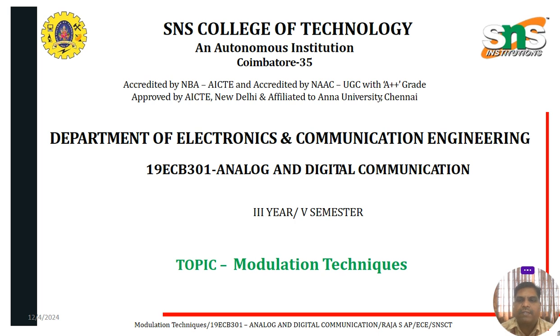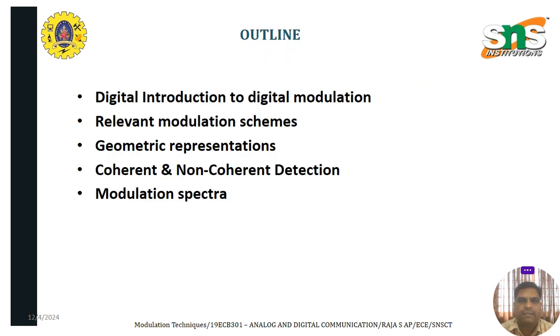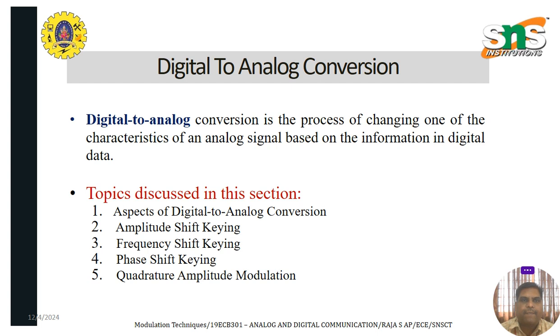Now, we are going to discuss some important types of modulation techniques. So, in general, digital to analog conversion. Digital to analog conversion is the process of changing one of the characteristics of an analog signal based on the information in digital data.